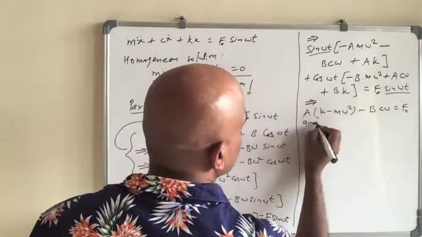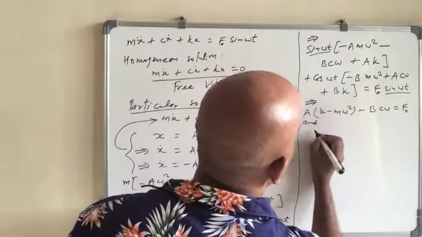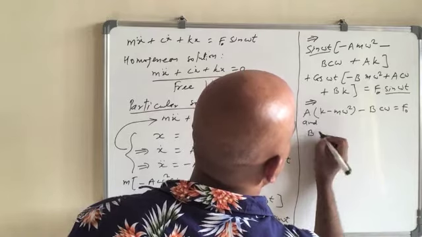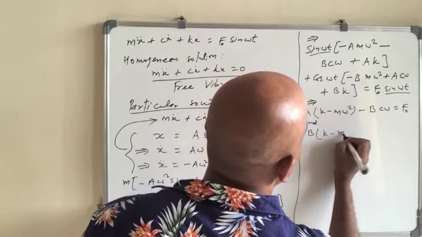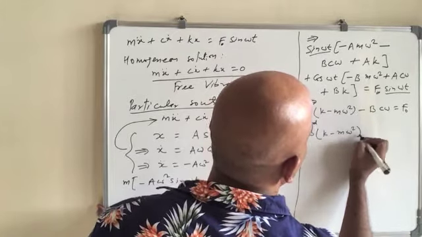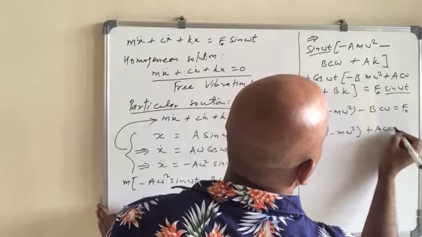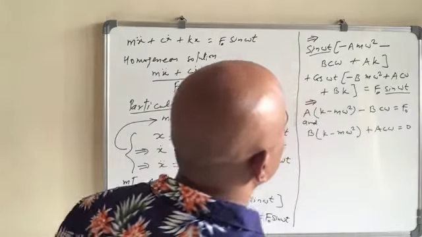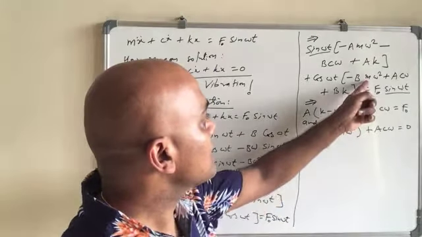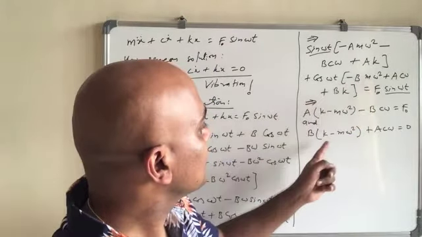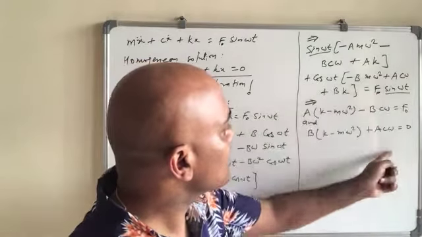And second, the coefficient of cos omega t: we get b times k minus m omega square plus a c omega is equal to 0. That's what we get. So (k minus m omega square) times b plus a c omega equals 0.